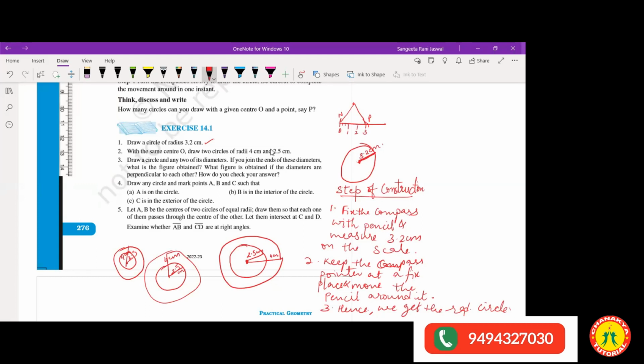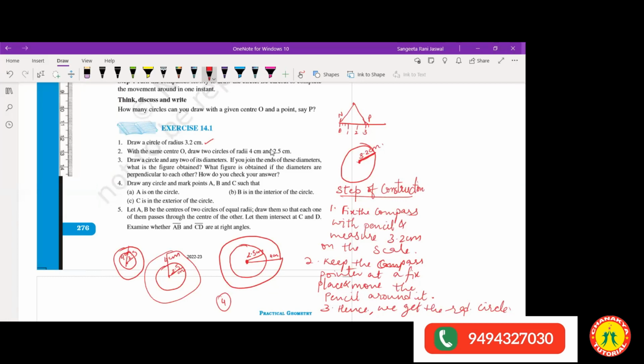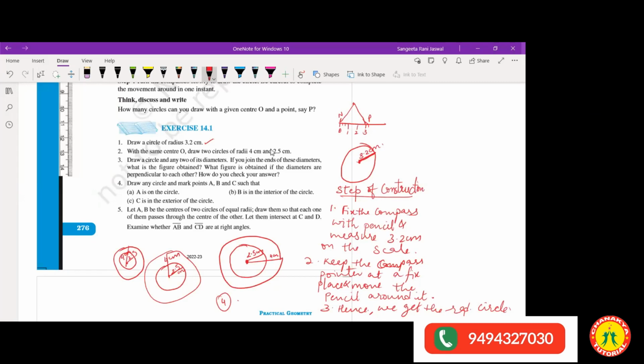Then your next step, step number 4, will be keeping the same center and radius measure equal to 4 centimeter, make another circle. Are you understanding? Yes, ma'am. So your 4th step will be keeping the same center.